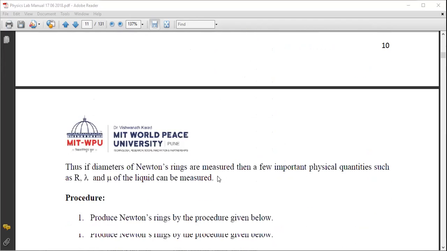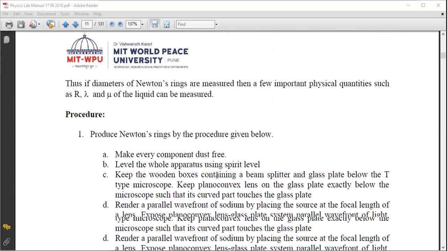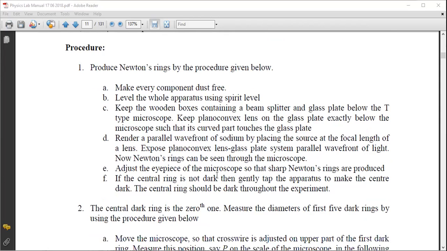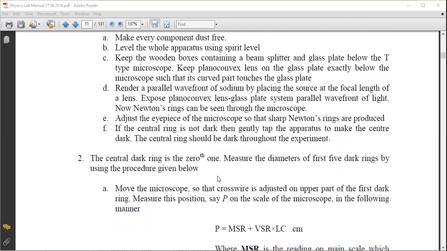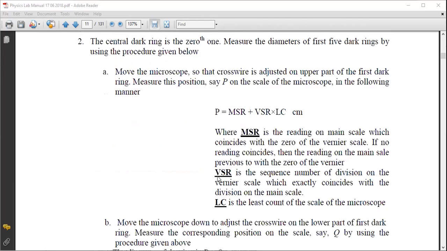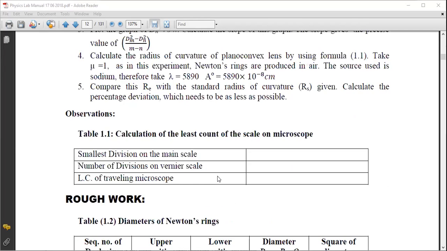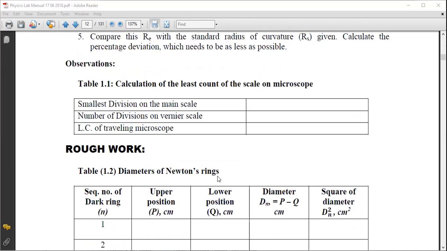Very interesting experiment. Here is the procedure, the physical procedure of how to do it, as I have explained to you. But what we are going to do now is provide you the observation table.